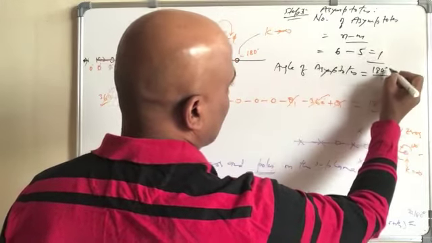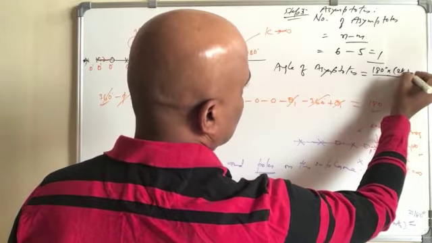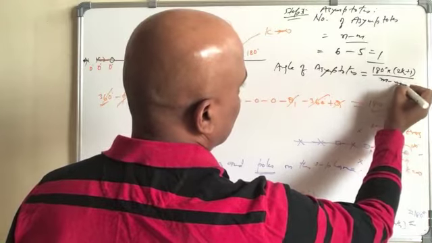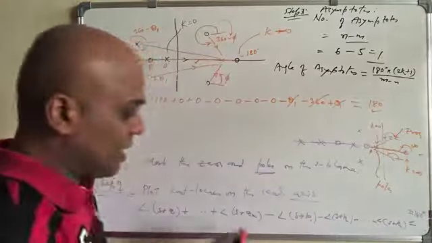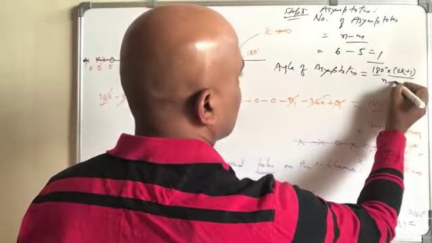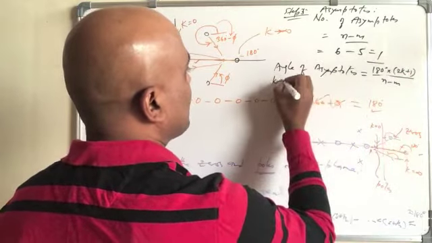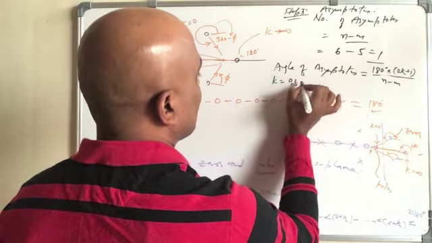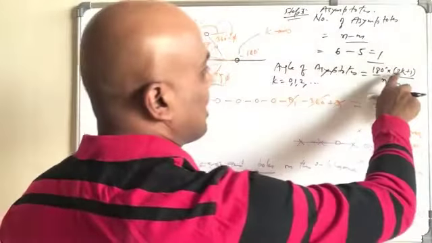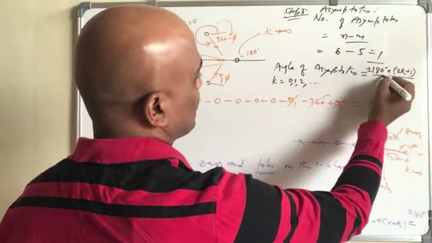Typically we have 180 degrees multiplied by (2k plus 1) divided by (n minus m). Why do we write 2k plus 1, where k is equal to 0, 1, 2 and so on? Because we can also write plus minus also.